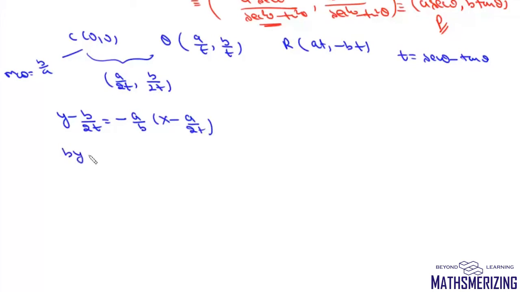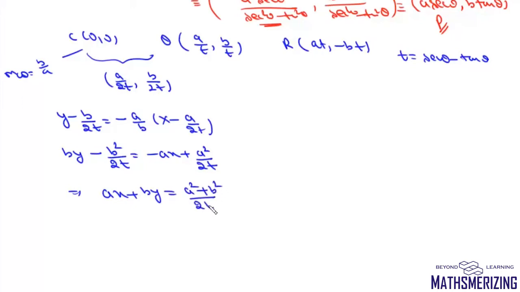So it will be by minus b square upon 2t equals minus ax plus a square upon 2t. So this equation will be ax plus by equals a square plus b square upon 2t. And in the same way we'll find the midpoint of CR.